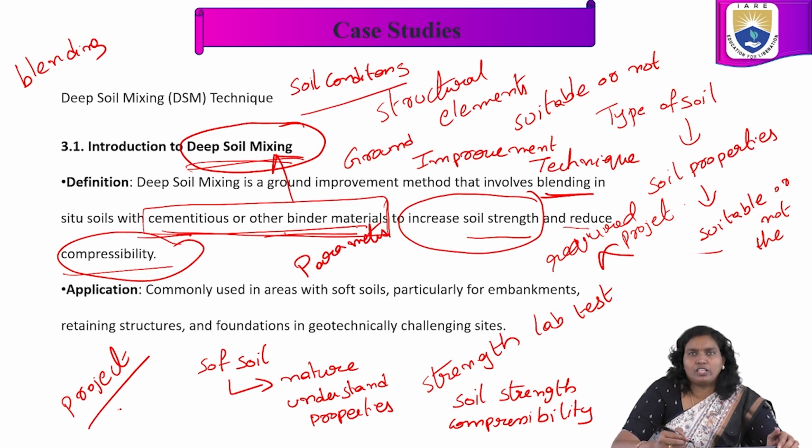What kind of material we use for binding also plays a major role. Depending on what soil characteristics are required, it plays a crucial role in identifying which type of binder we choose for deep soil mixing.